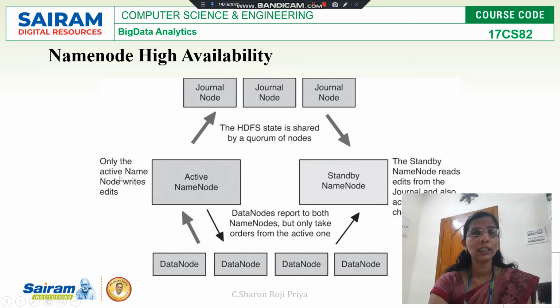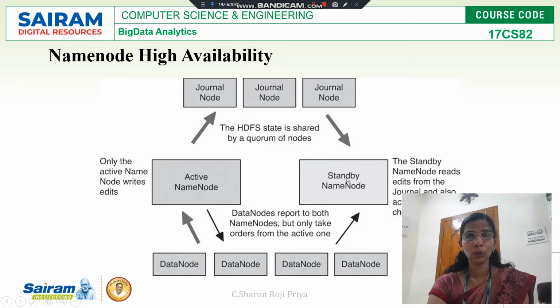And if there are any edits in your file system structure, this active name node will update the journal nodes. I have a minimum of 3 journal nodes. Suppose one journal node fails, I should be able to read the data from the other journal nodes. So in this journal node configuration, at least 3 journal nodes will be there.